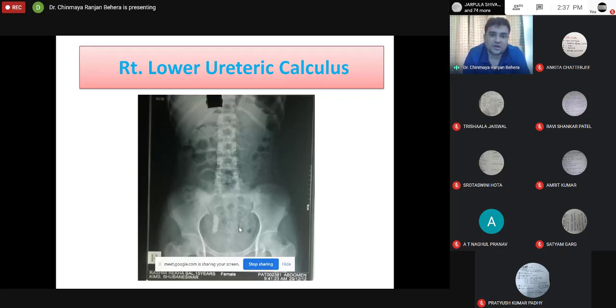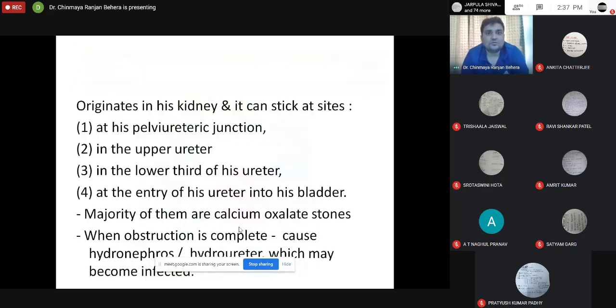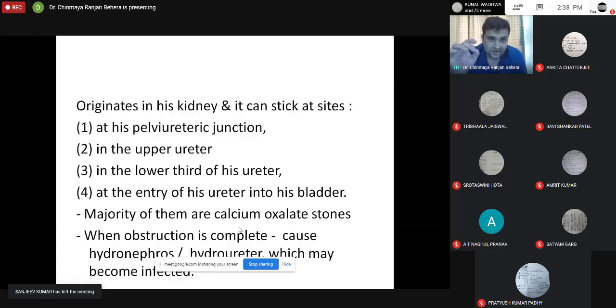Right lower ureteric calculus. So these ureteric calculi usually originate in the kidney, and they can get stuck in the areas of the ureter where it is narrow, that is at the pelviureteric junction or in the upper ureter or in the lower ureter or at the ureter and the bladder junction, that is UV junction. Majority of them are calcium oxalate stones.